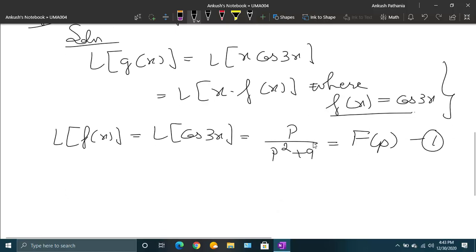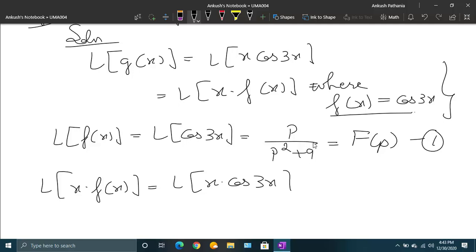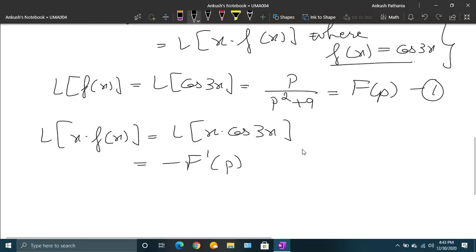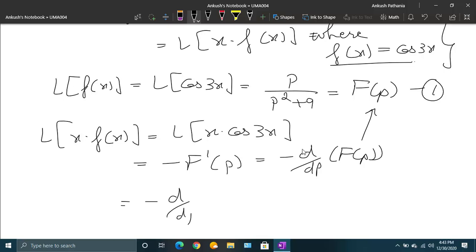So if the Laplace of cos 3x is this, then by property 2, the Laplace of x·cos 3x is minus F'(p), that is minus d/dp of F(p), and F(p) we have found earlier. So this is minus d/dp of p upon p square plus 9.